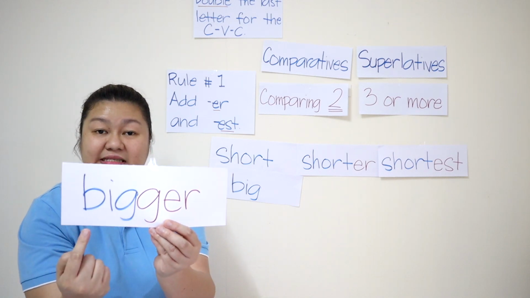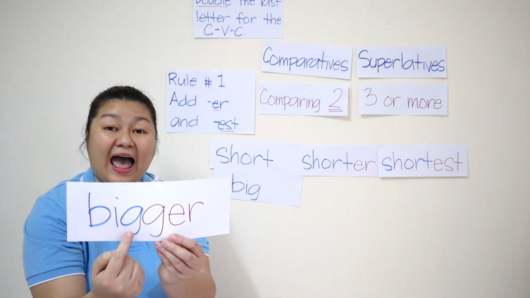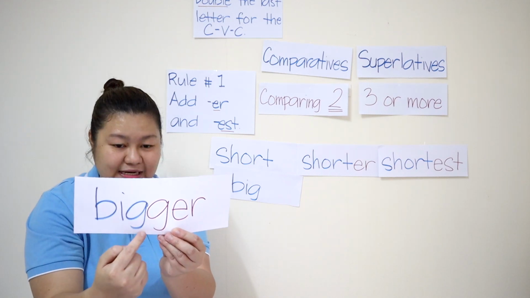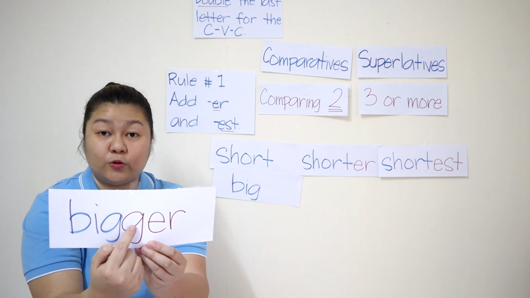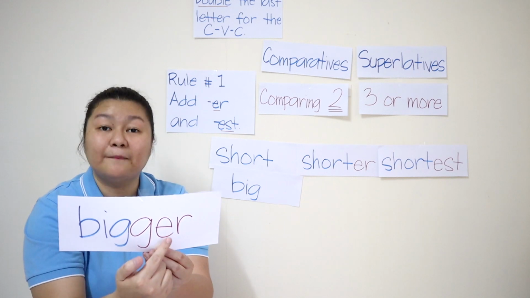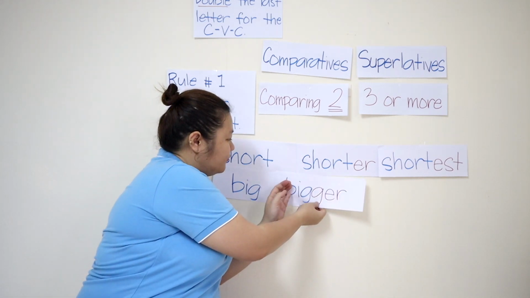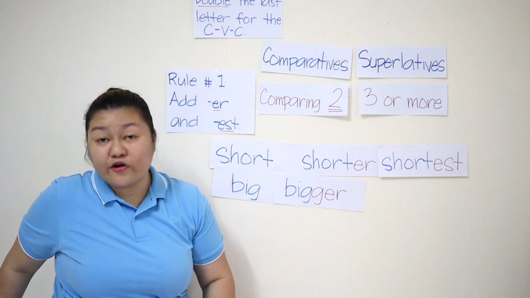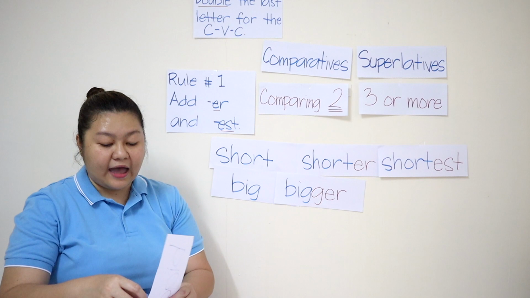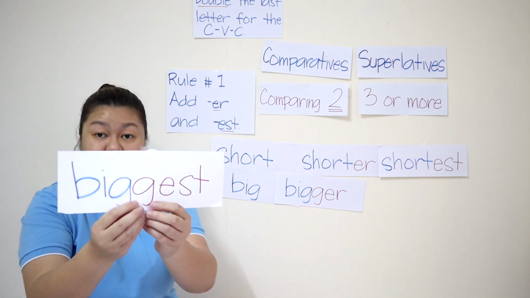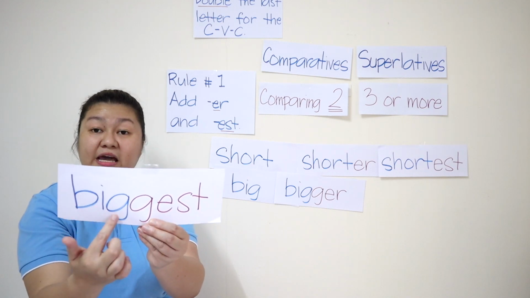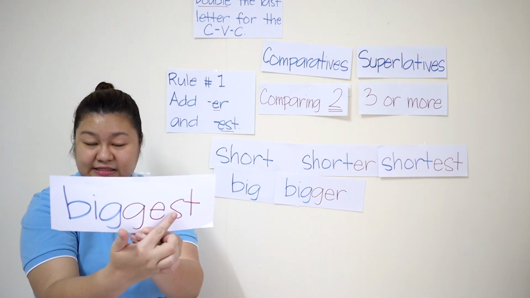And then because this is a CVC word, we add another letter G because we have to double the last letter. So G, and then we add ER. So the word big becomes bigger. And then for the superlative form, we do the same process. We add the letter G to the last letter and then add EST. So it becomes biggest.